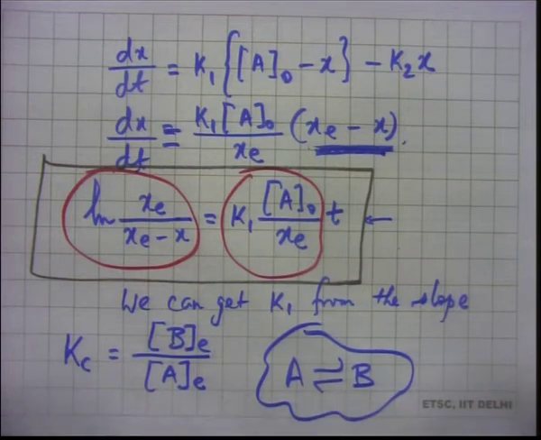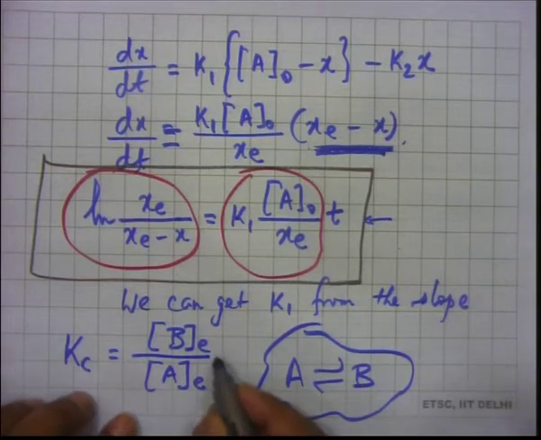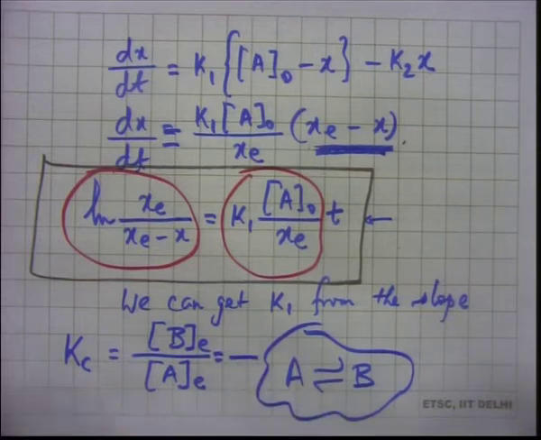So an equilibrium constant can be defined as concentration of B at equilibrium divided by concentration of A at equilibrium. Again, this is something which you know from chemistry. Now you can prompt me here, what is B at equilibrium in terms of other notations that we had? Xe.